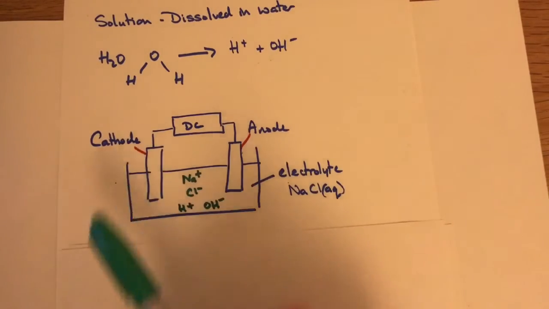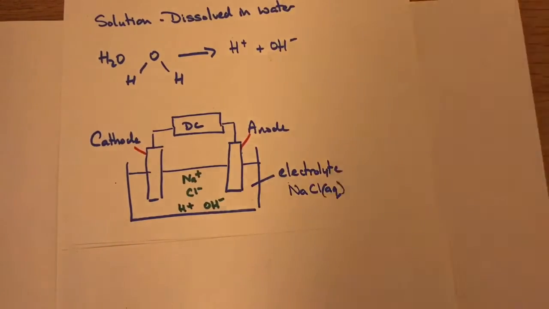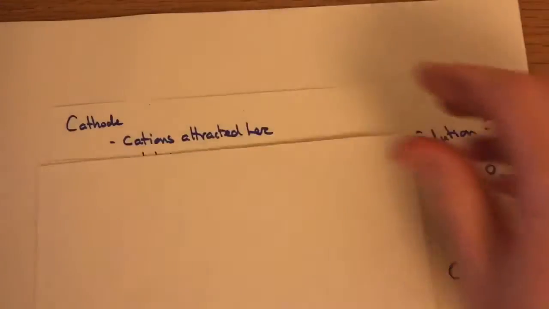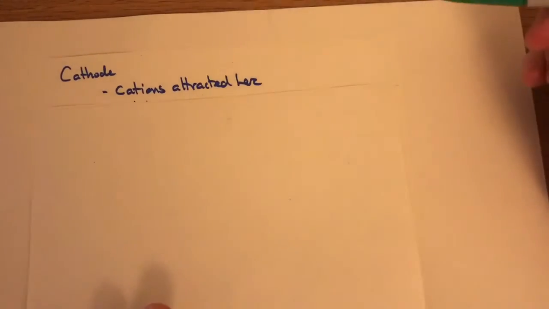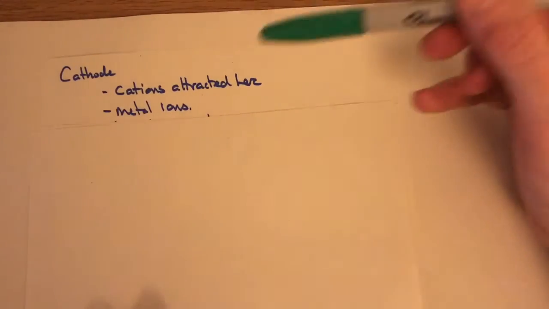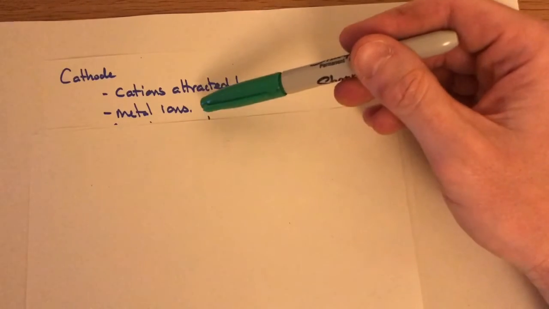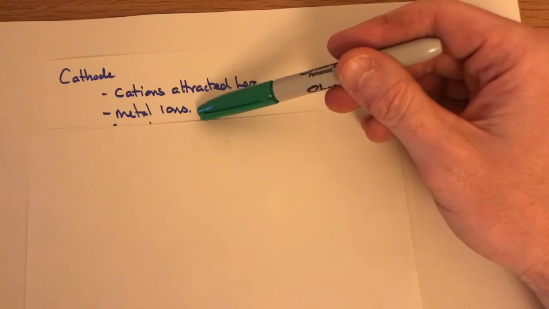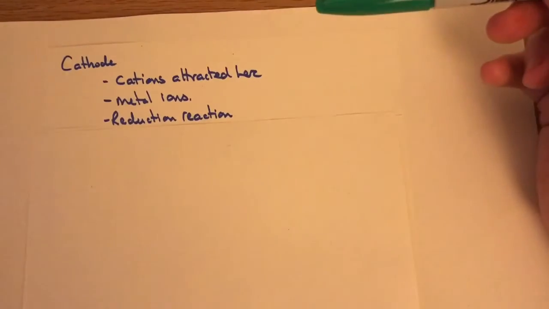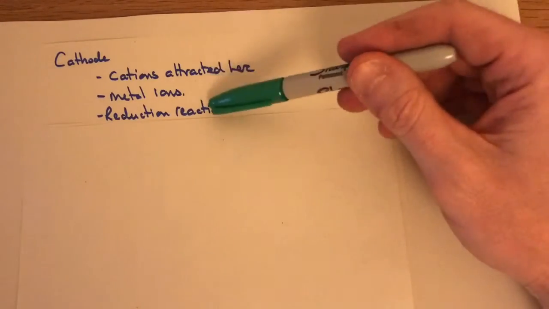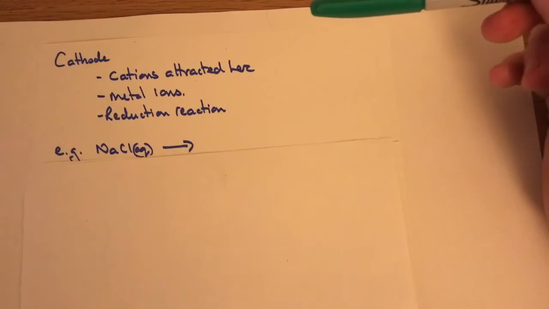Let's take a look at the cathode. Now remember, the cathode is called the cathode because this is where the cations are attracted to. In our previous work, cations we know are the metal ions. And when they get there, these metal ions undergo a reduction reaction. So the cations undergo a reduction reaction.